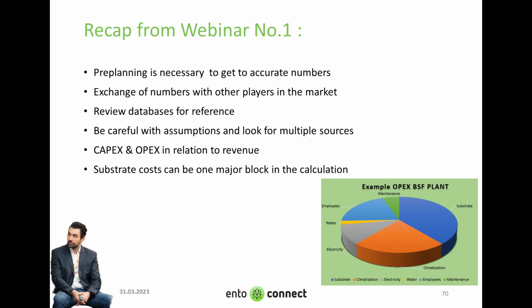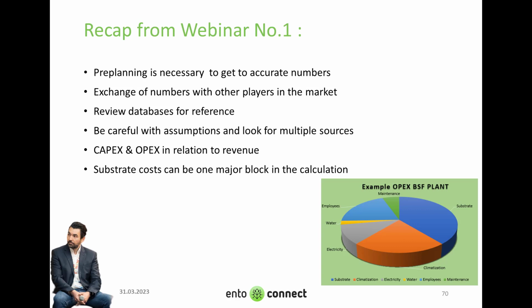That means we have to look at the CAPEX and OPEX also in relation to revenue. We also have to be pretty careful with our assumptions, like Mats mentioned earlier. So it makes sense not to rely on a single source, and also not on a single assumption, but to make sure that you have plan B, C, and D in line.